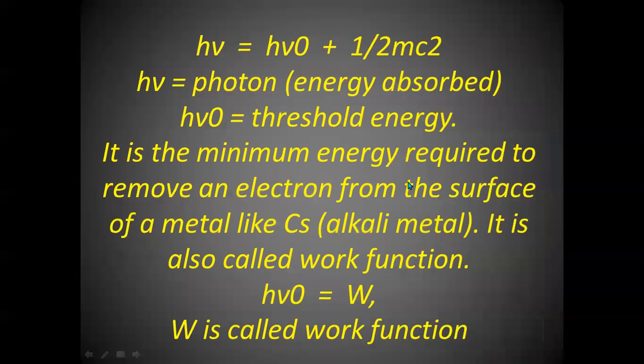But one thing is clear: the photon should contain more energy than this energy, which is called the threshold energy. Unless it has higher energy than the threshold energy, electrons cannot be removed or ejected. If a lesser amount of energy is concentrated, no electrons will be ejected.